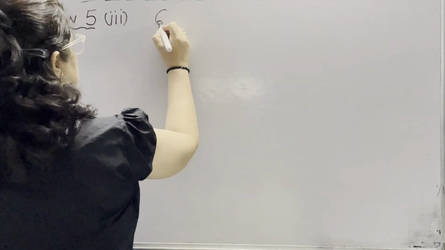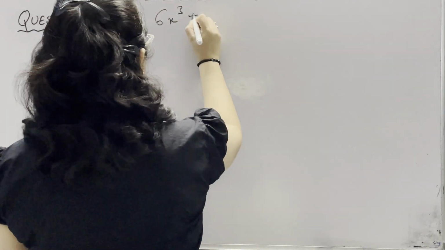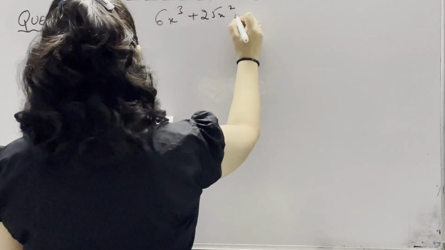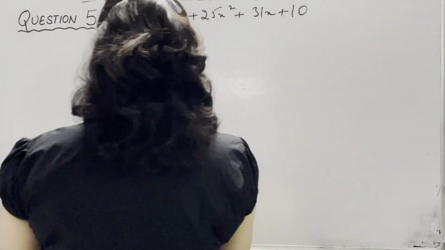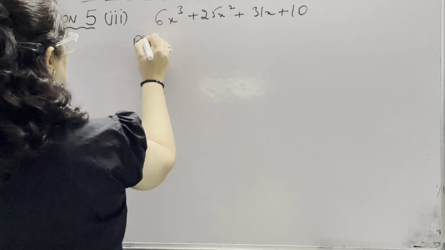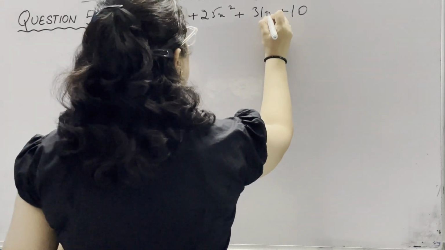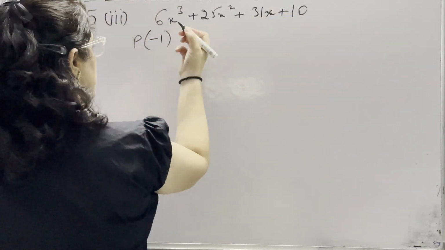In part number 3, factorize the given polynomial completely using the remainder theorem, and the given polynomial is 6x cube plus 25x square plus 31x plus 10. Now for the remainder theorem, we need to do the hit and trial method. Suppose one factor is minus 1.